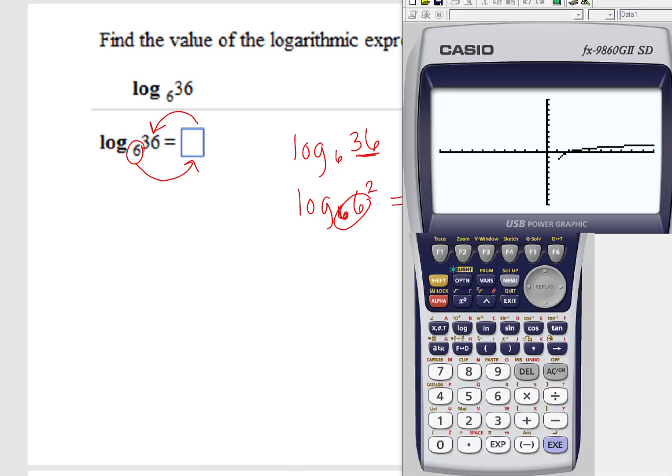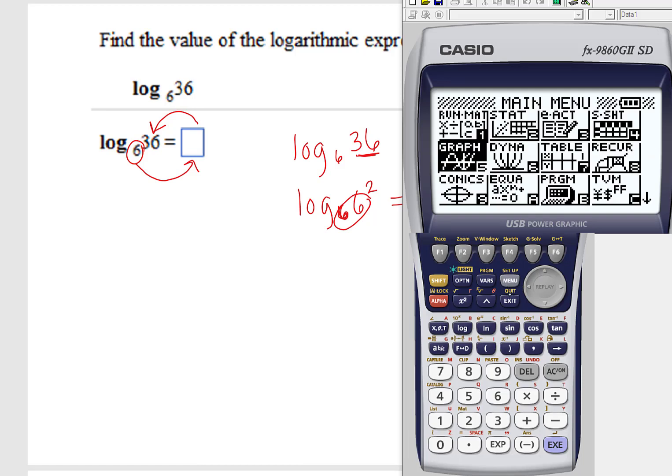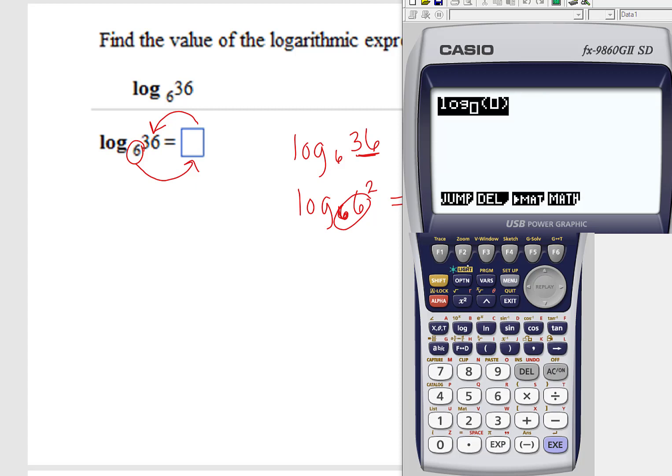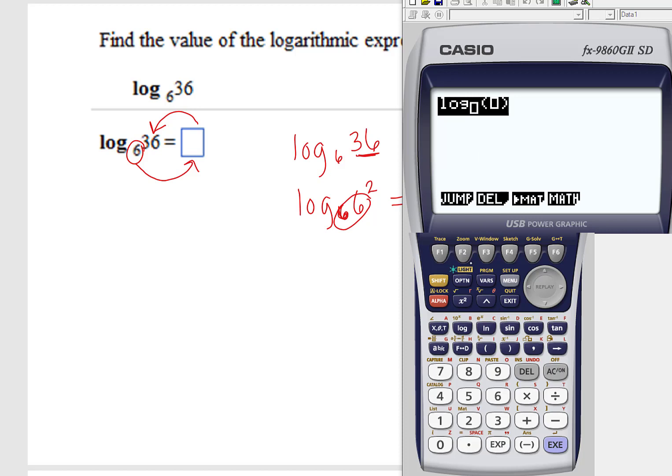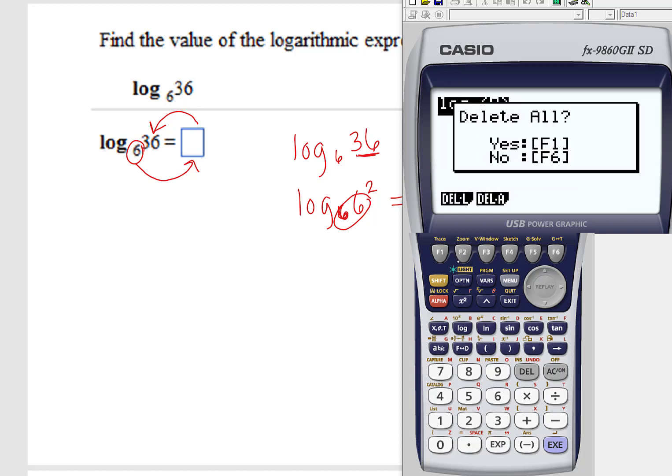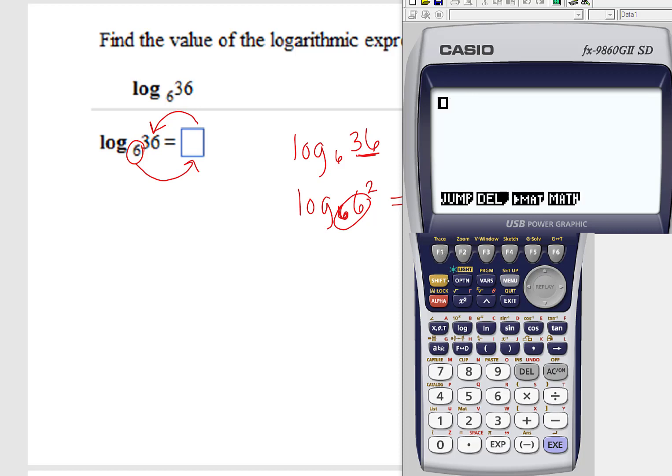Another thing is I can enter it into my calculator, right? So going over here, this is going to be a little bit different. I know I showed you in the last video how to find log when you're in the graph. So let's now see when we're just in the main screen.